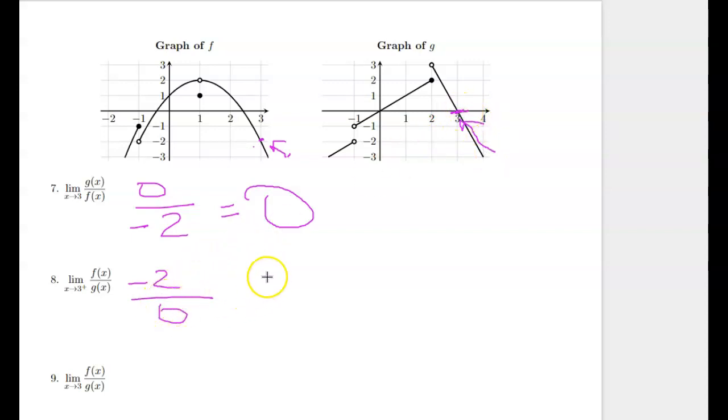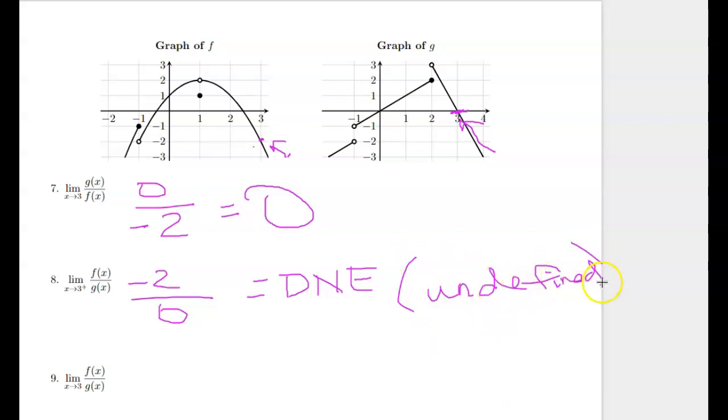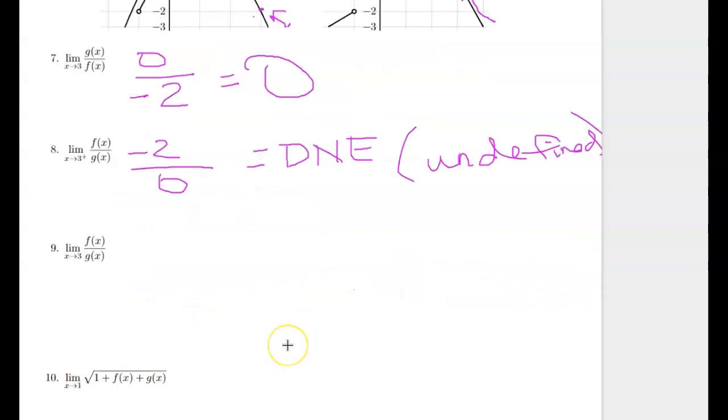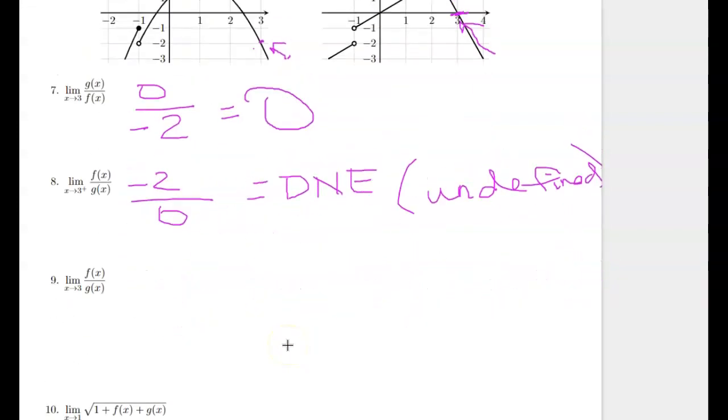You can't divide by 0, so this does not exist. If you wrote undefined, that's fine too. You just won't see both options. Okay, so I'm just going to put it in parentheses, undefined. Okay, that's the reason why it does not exist. I like to put that in case multiple choice options are different. You just never know.